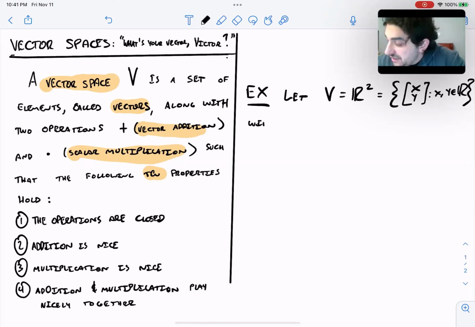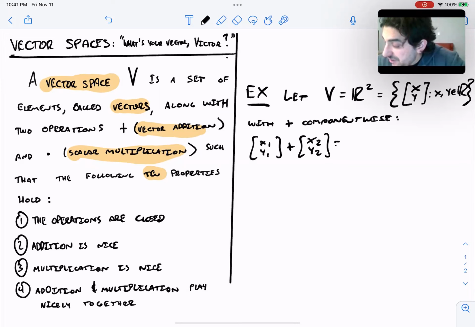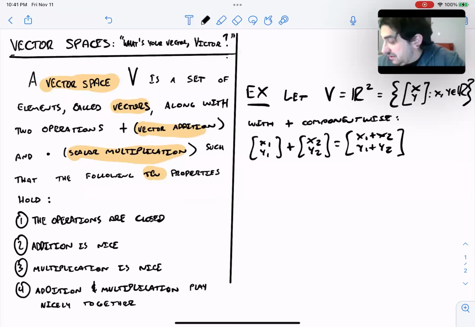And then addition is defined component-wise. What does component-wise mean? It means that if you add two vectors together in this vector space, you just add the components. You add the X components, you add the Y components, and that gives you another vector.